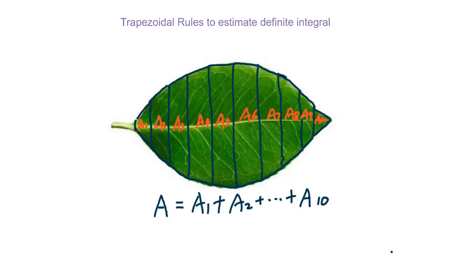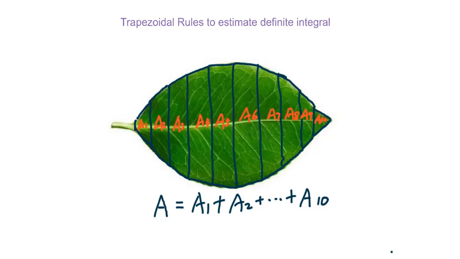In other words, if you want to estimate an irregular surface area, you just need to divide that irregular area into many trapezoids. Then work out each trapezoid. Add together, you can estimate any irregular area.